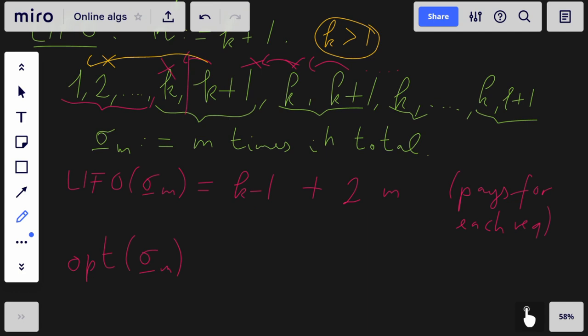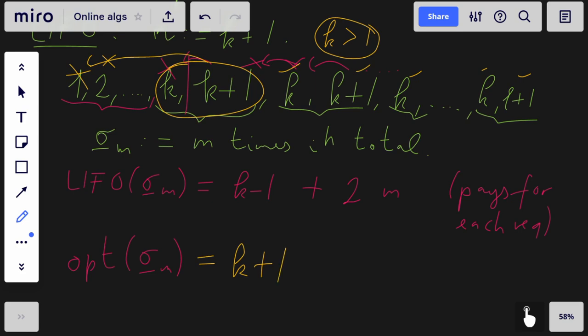So it doesn't make any sense to study the problem for cache size equals 1. But if k is larger than 1, then if you just discard the 1, then this is a different element. So k is not 1. And then after that, everything is free, because k and k plus 1 are both present in the cache, which means that the optimal solution is something like k plus 1.